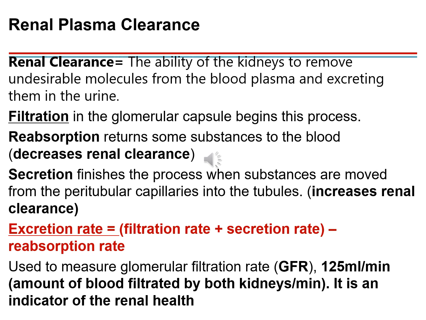Now, remember the equation that I wrote in the first video of the urinary system: filtration plus secretion minus reabsorption equals urine volume. Right now is the time to bring this concept back because the excretion rate follows exactly the same formula: filtration rate plus secretion rate minus reabsorption rate.